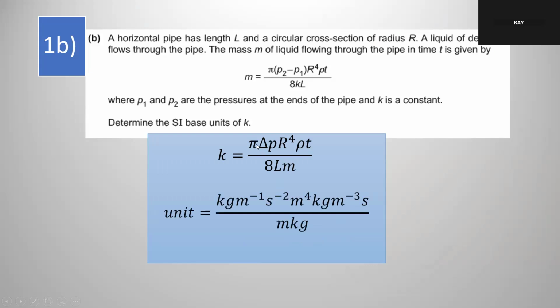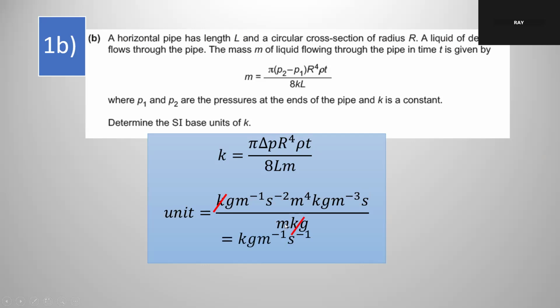Unit of pi don't have. Pressure we have already derived. R is radius, it's meter to the power 4. Density is kilogram meter minus 3. Time is second. 8 doesn't have a unit. L is in meter. Mass is in kilogram. So cancel the kilogram.